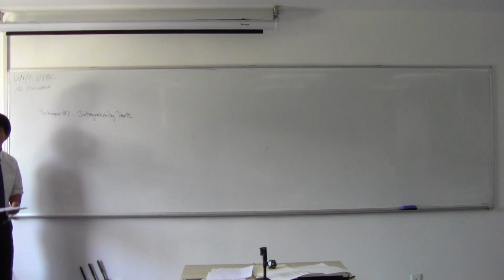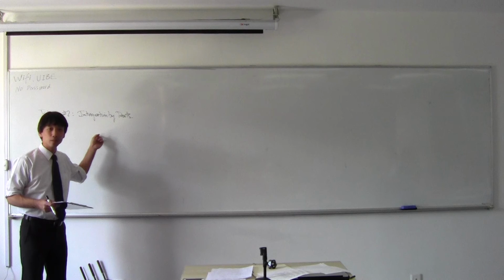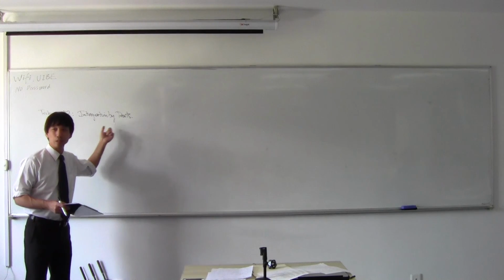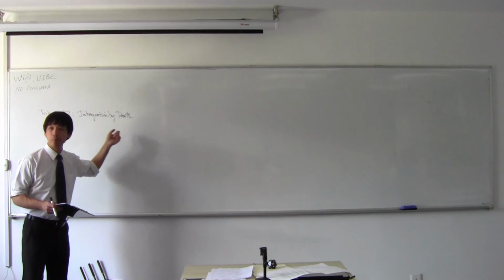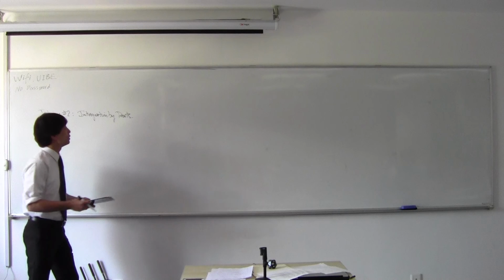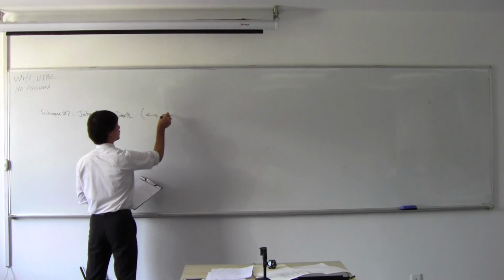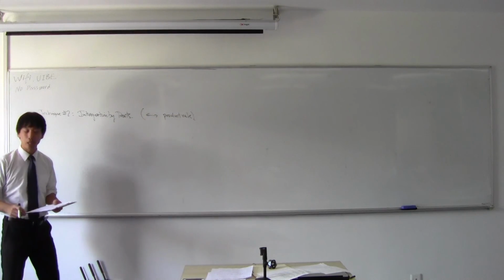Just like how the previous technique, the u substitution, corresponded to the chain rule, this one is also going to correspond to a rule of differentiation. This is the analog of the product rule.